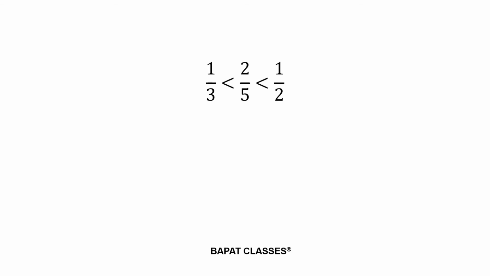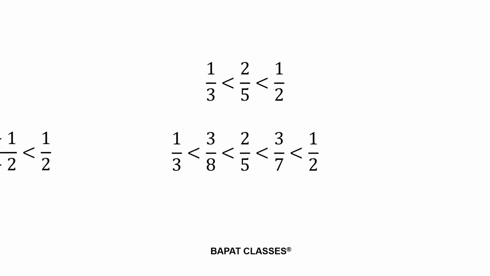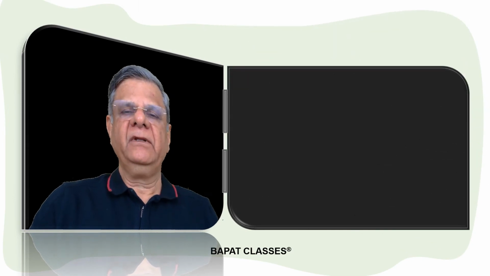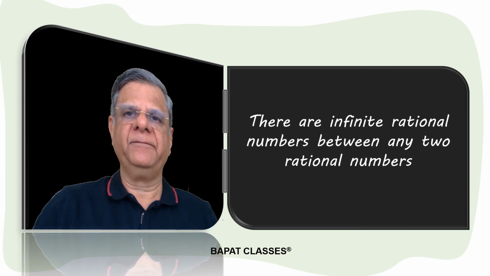By using a similar method, we can add infinite rational numbers between 1 by 3 and 1 by 2. So we can insert infinite rational numbers between any two rational numbers.